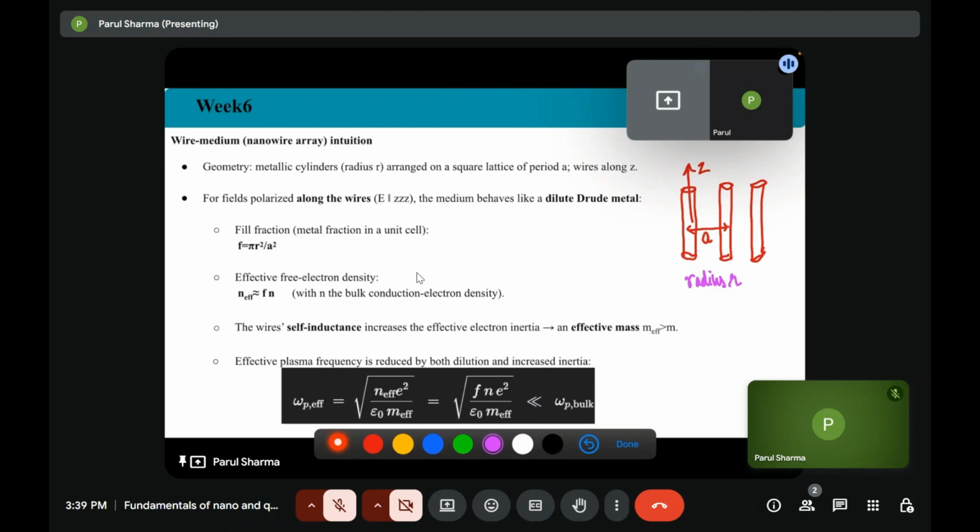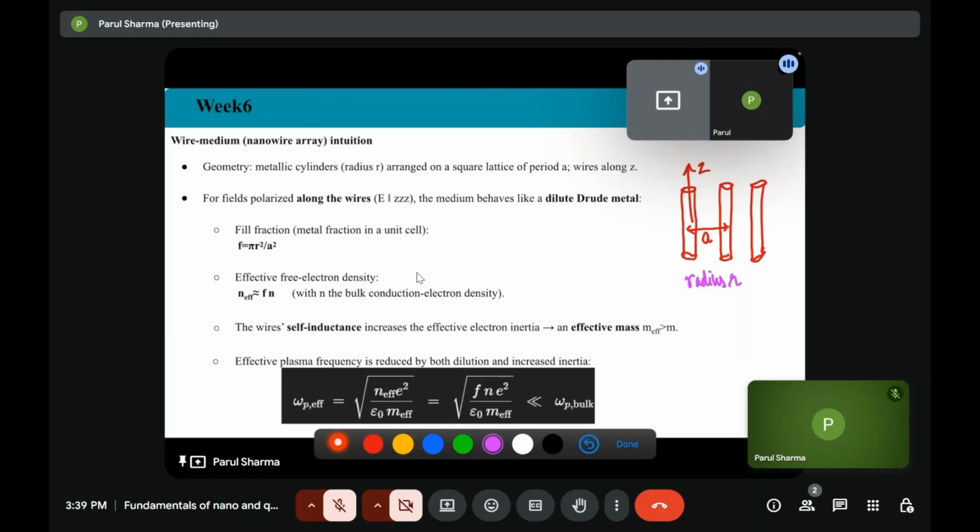So here, what will happen? The wires will have some self-inductance, which will increase the effective electron inertia. That is, the effective mass will be greater than the original mass. So we have considered two terms: the effective electron density in terms of the initial electron density times the fill fraction.